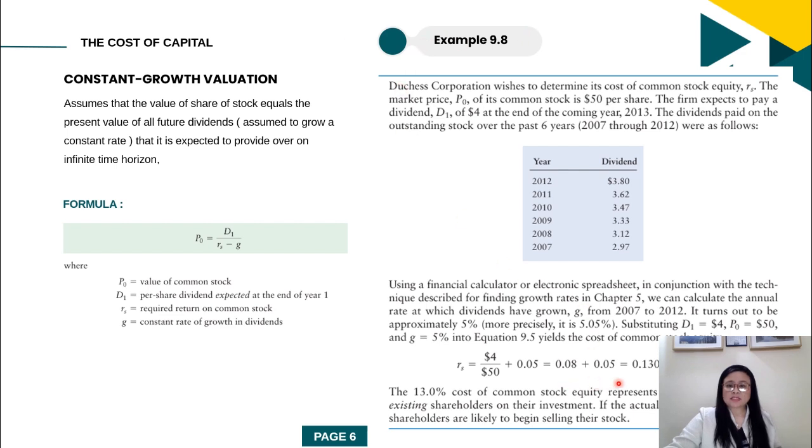Then 0.08 plus 0.05 equals 13%. It represents the return to the stockholders; if it is lower than the most likely, investors are likely to begin selling their stocks.